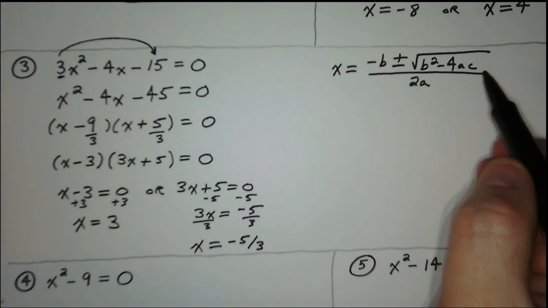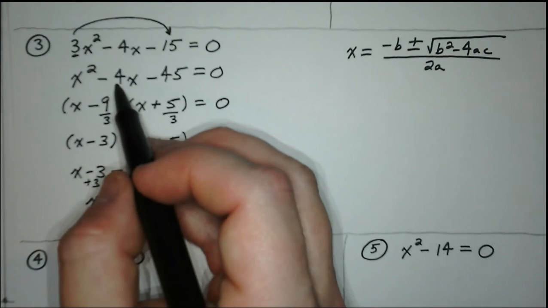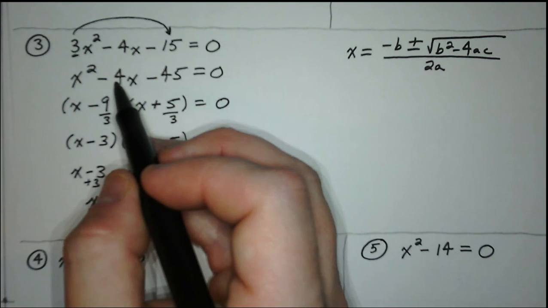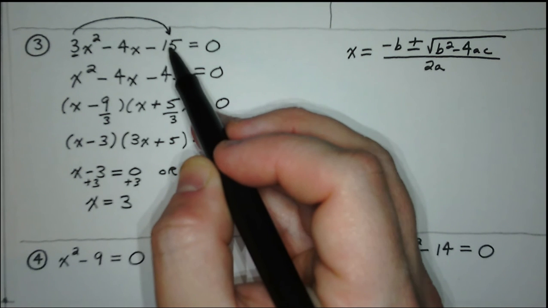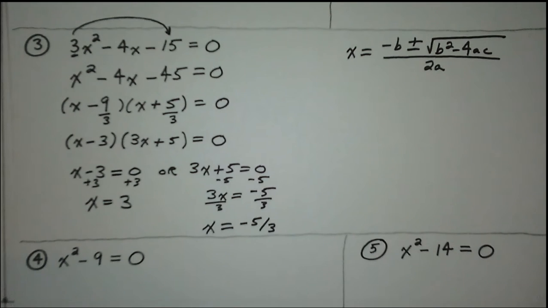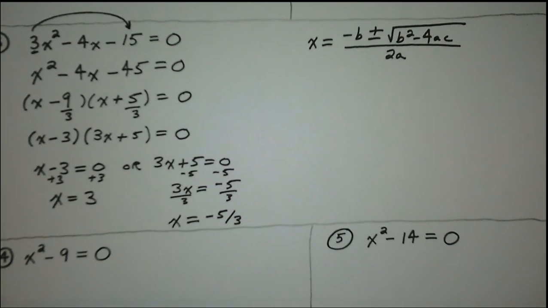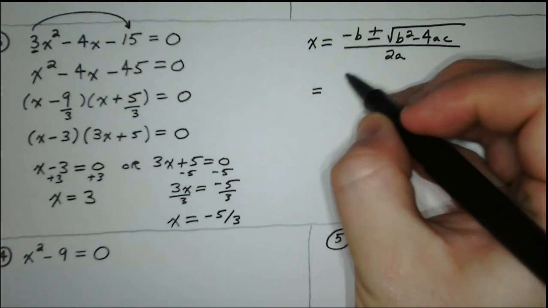That's where people screw up, they can't keep track of negatives. You know what I mean? Our b value is -4 and our c value is -15. Wow. The trifecta. We have a negative b value and a negative c value. So let's be very careful here.